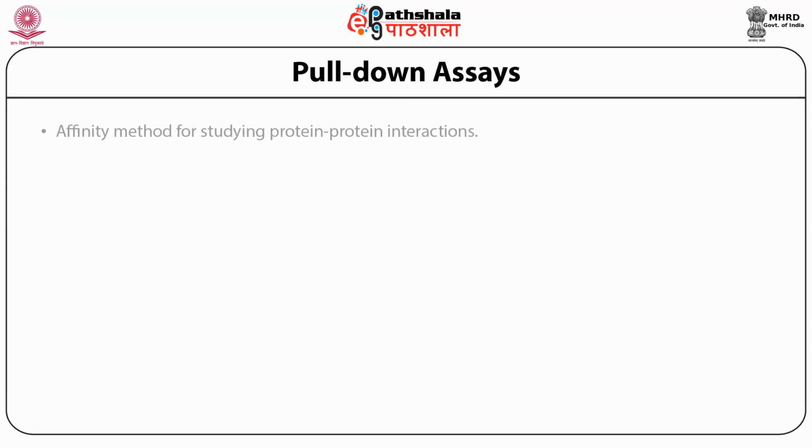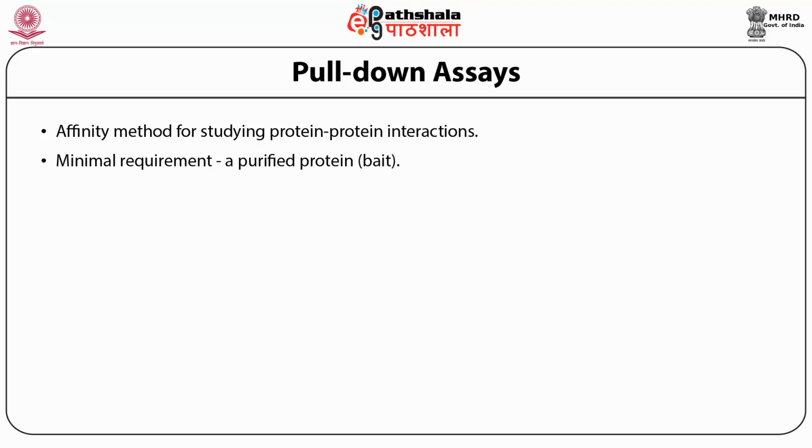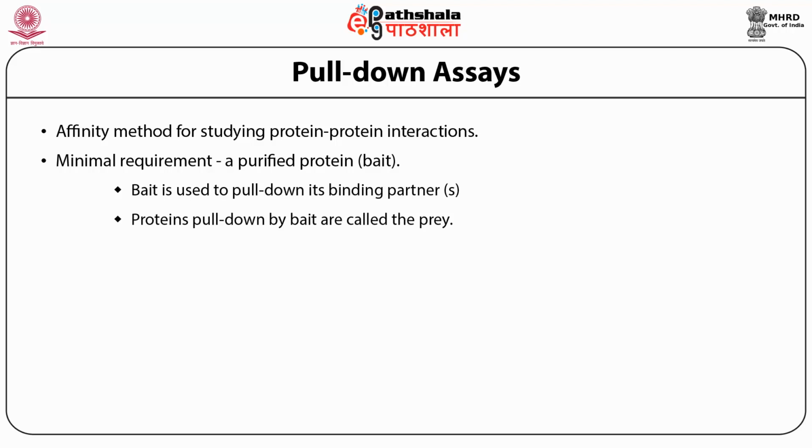Pull-down assays are affinity methods commonly applied for analysis of protein interaction, specifically protein-protein complexes. To begin with a pull-down assay, a purified protein is essentially required. This purified protein is known as bait. It is used to pull down its interacting protein in the sample. Interacting protein or proteins are commonly termed as prey.